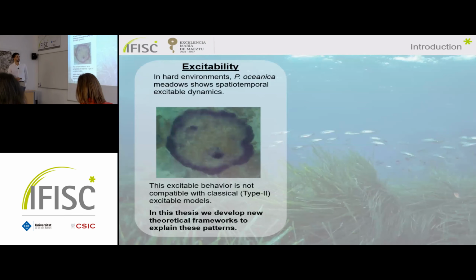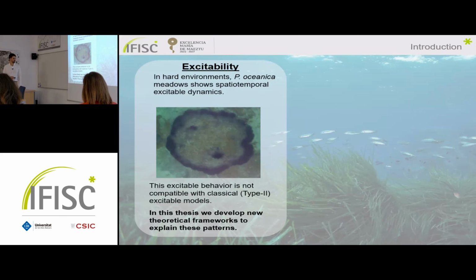So about Posidonia oceanica or seagrasses, in this thesis I focus on two main topics. First of all, what I just introduced a little bit, the formation of this excitable behavior in this ecosystem, which is not compatible with the classical framework that is used for describing excitable systems, that is usually type 2.